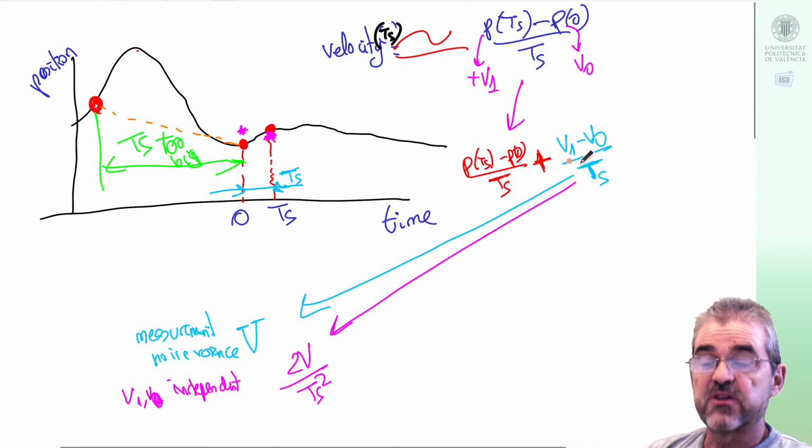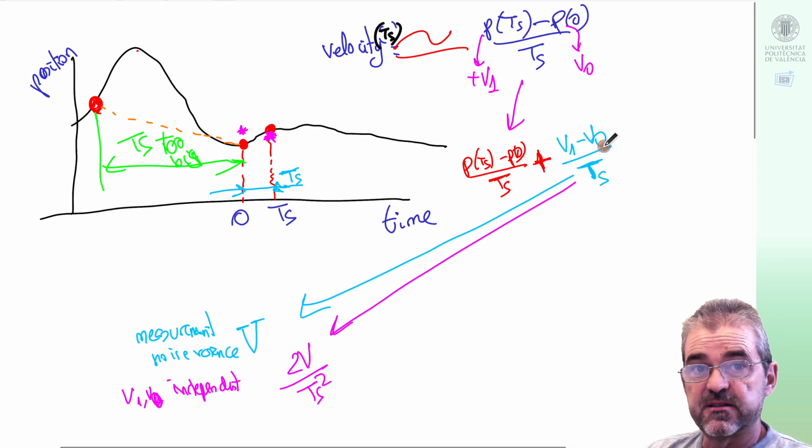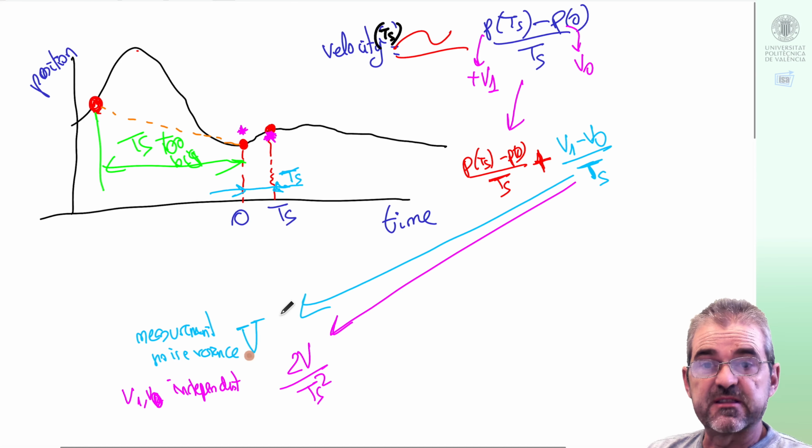Well, the thing is that the measurement noise term is rubbish for a very small sampling period, because if we assume that V1 and V0 are independent noise samples with constant variance capital V, then the variance of that term is inversely proportional to the square of the sampling period.